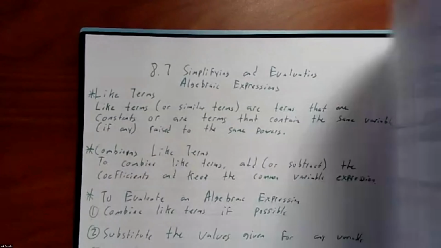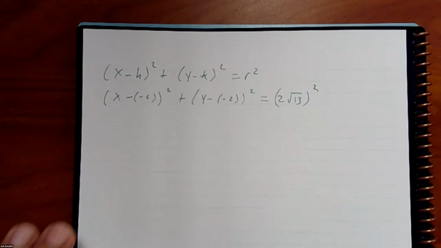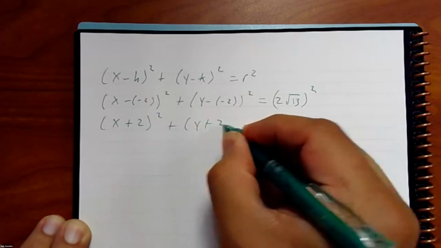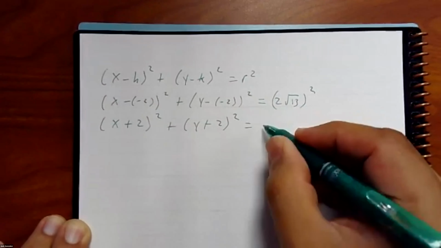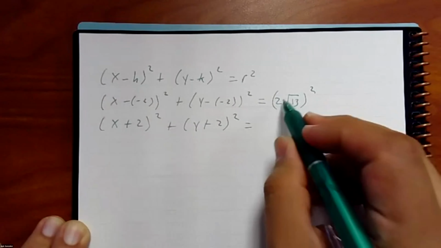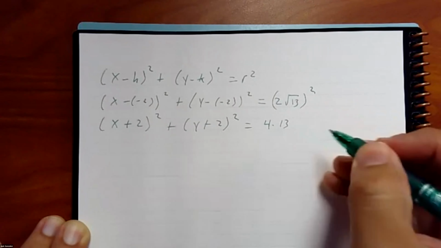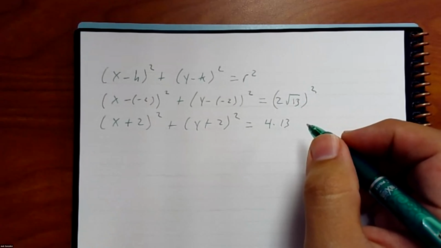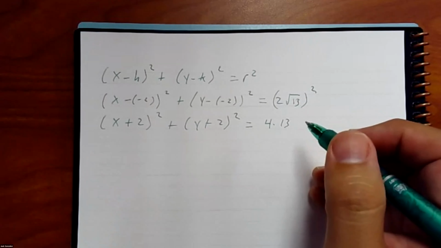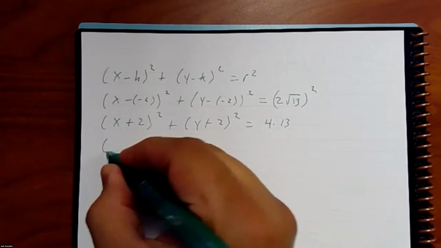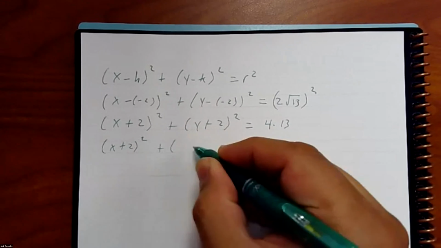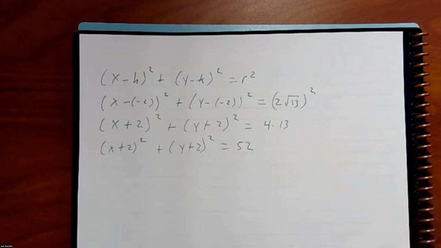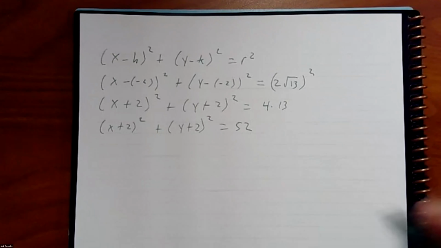So this is the circle that they wanted. (x plus 2)² plus (y plus 2)² equals, squaring both of these factors, 4 times 13, which is 52. This is what they wanted.